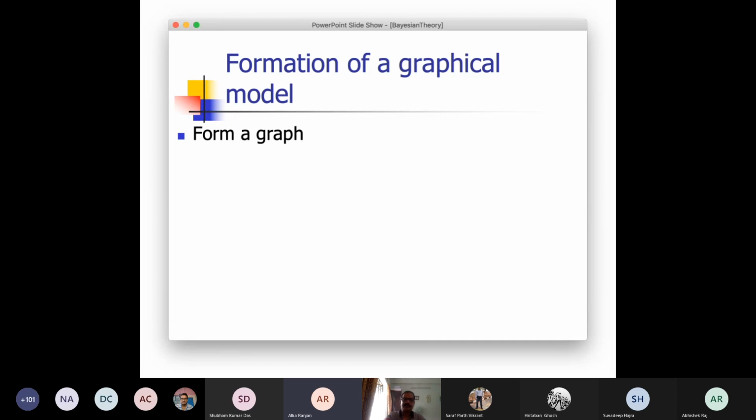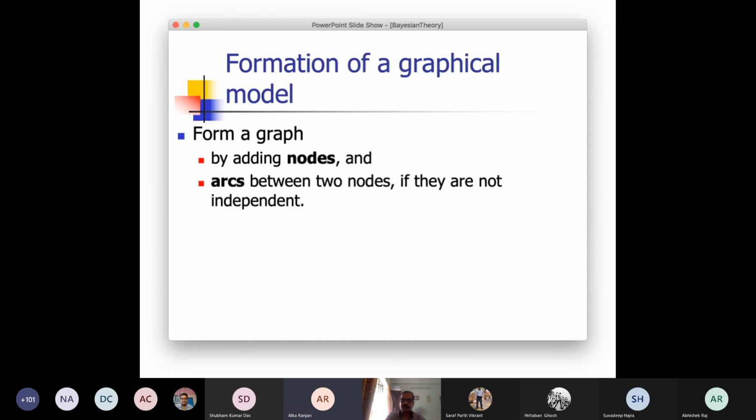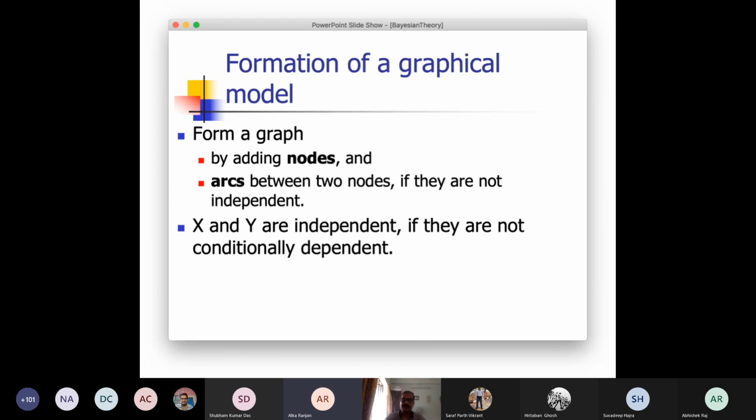So just to summarize once again, the Bayesian network model is represented as a graph, and as I mentioned, you have nodes corresponding to random variables and arcs between two nodes if they are not conditionally independent.